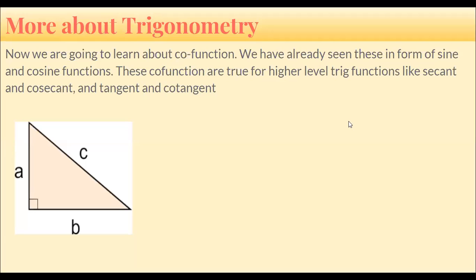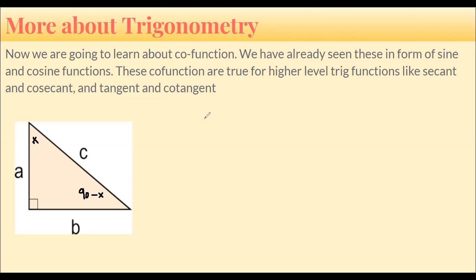But today we're going to take a look at cosine and sine. Let's say that this angle right here is x. So naturally, this angle is 90 minus x, because this is 90 and we know that all angles add up to 180.